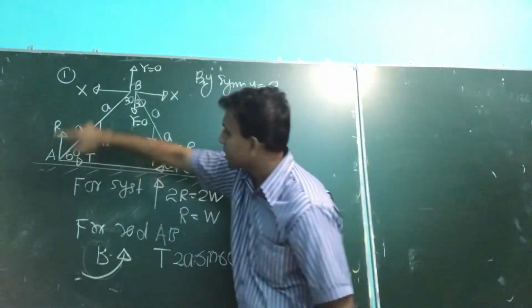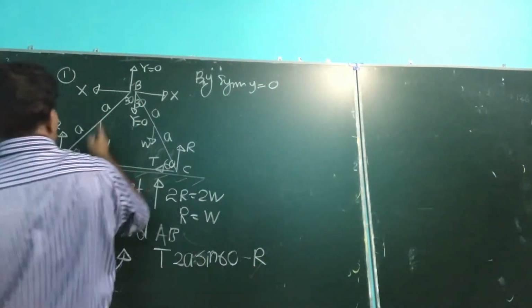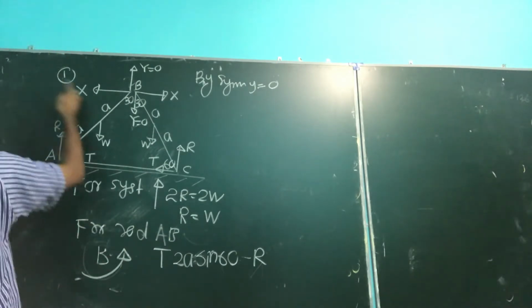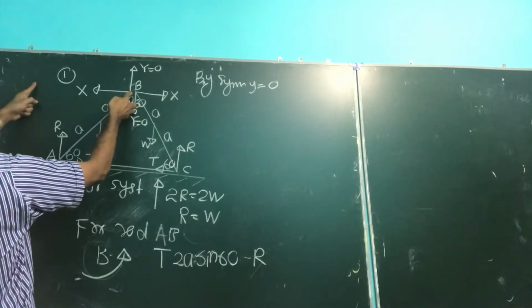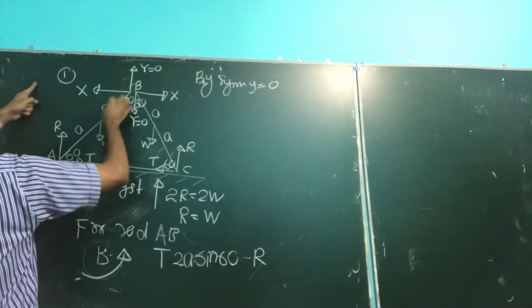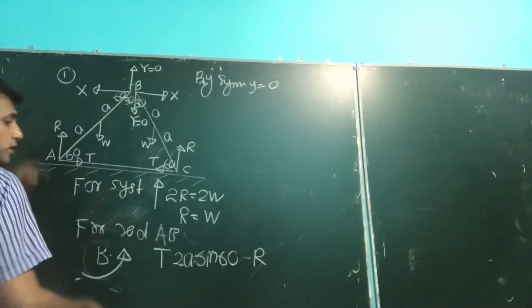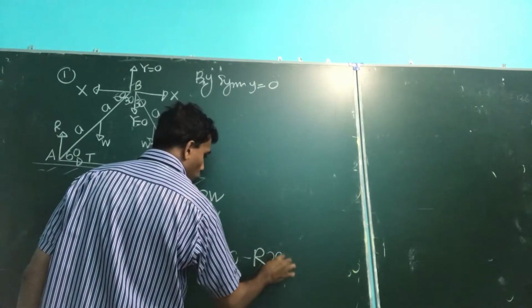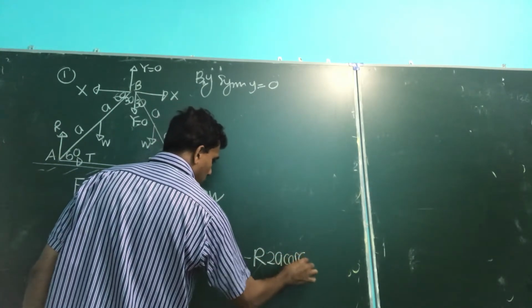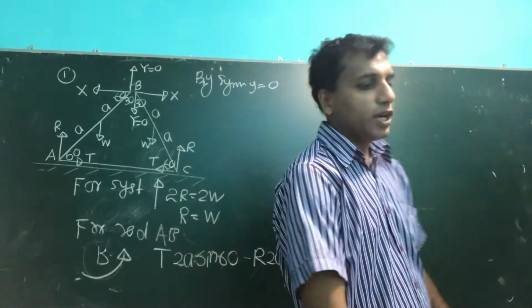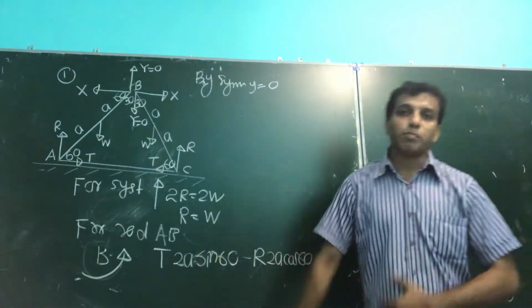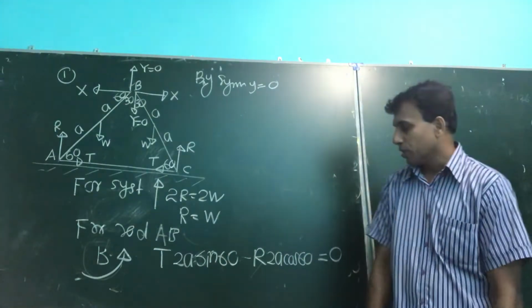So minus R, where the line of action of R distance is 2a cos 60. Here 60, here also 60, right? 2a cos 60, that's all. The algebraic summation is 0. For equilibrium, by moments theory, the algebraic summation equals 0.